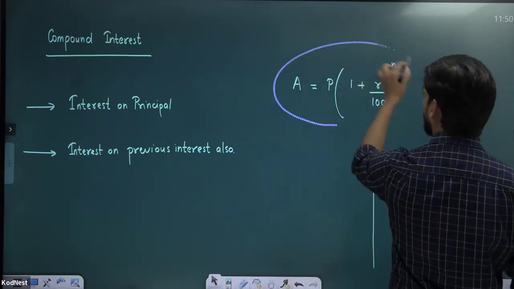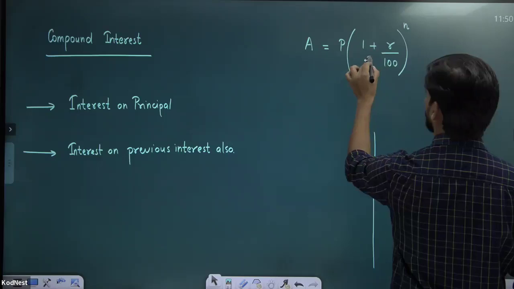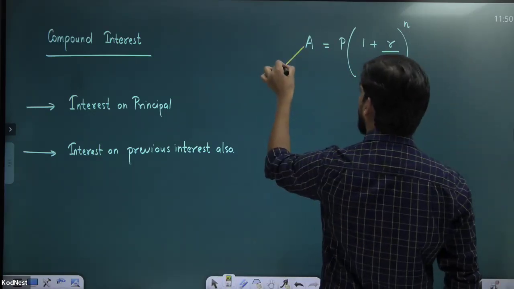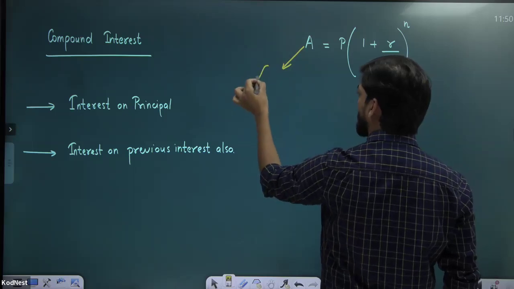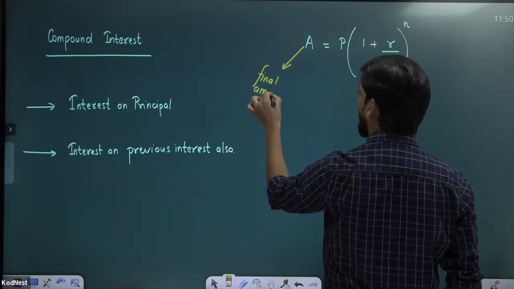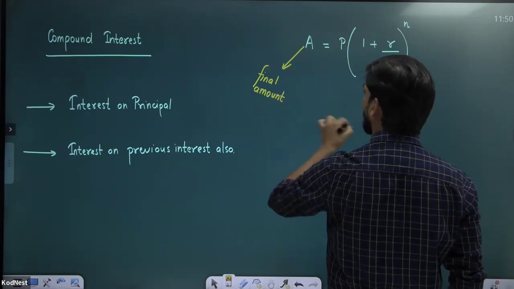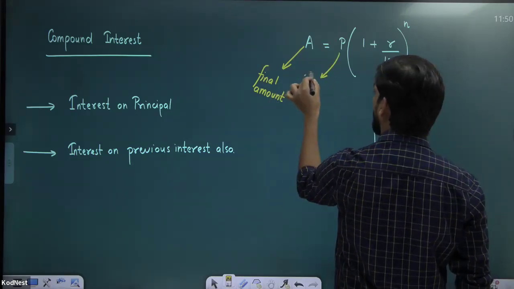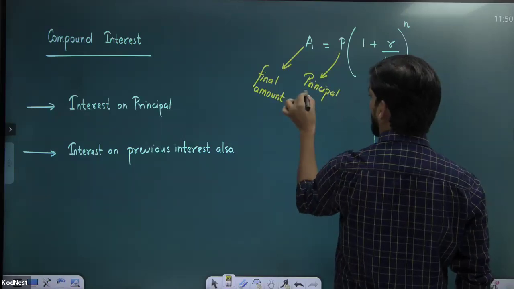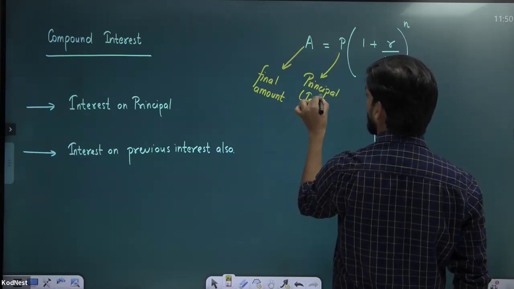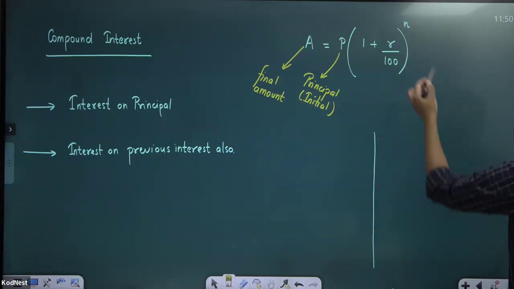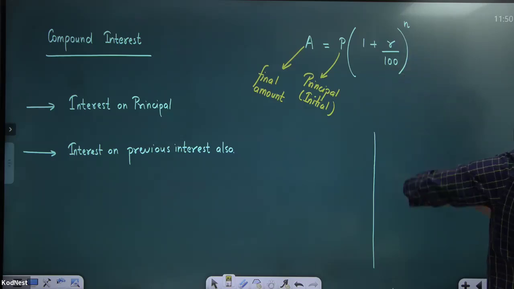Let me first write. This is your A. We call it amount, but this amount actually means the final amount or final balance. This P is your principal or starting balance. The initial account balance is your P value. Now this R, I will not say this is rate of interest.